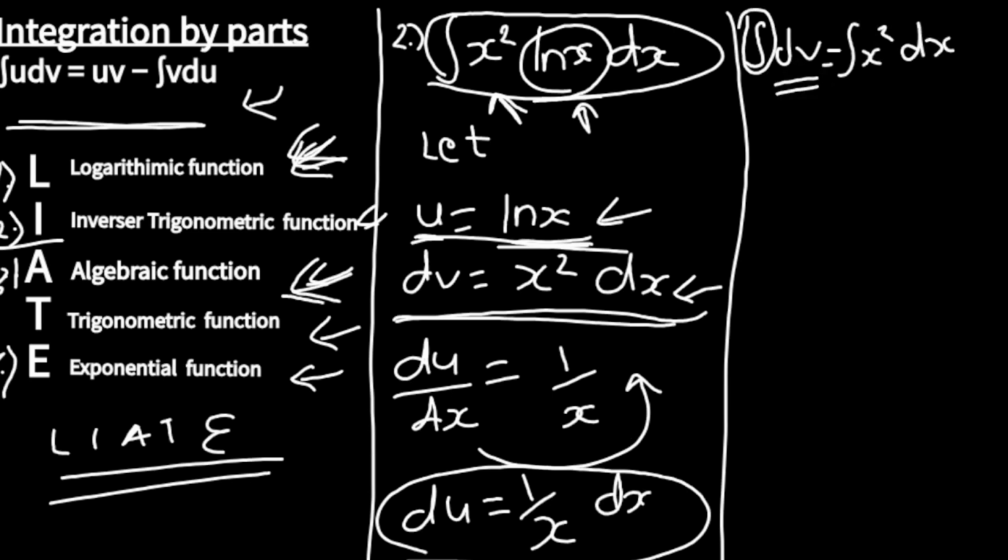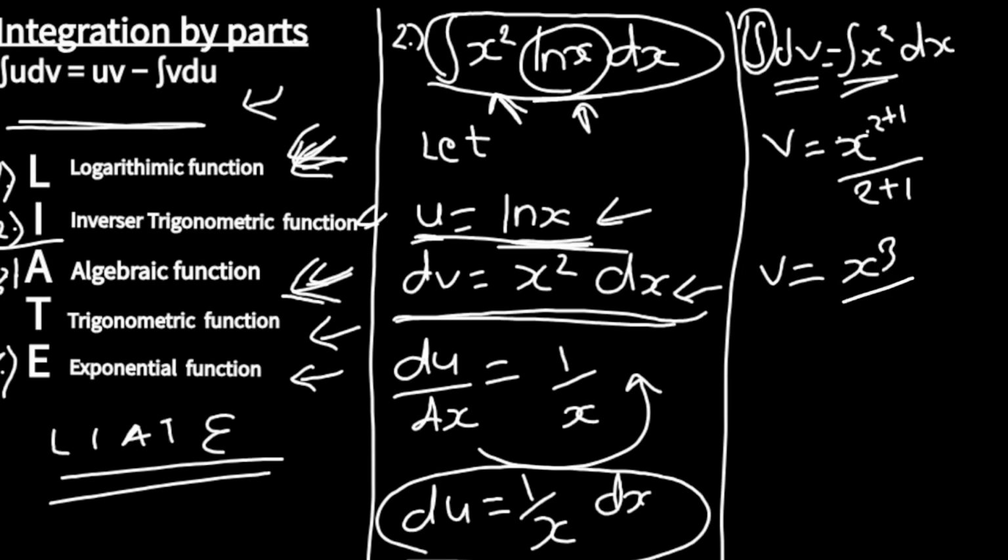An integral and a derivative cancel out to remain with v. So what is the integral here? It is going to be x to the power 2 plus 1 over 2 plus 1. Remember, when you are finding the integral, you add 1 to the power and divide the result. So our v is going to be x cubed over 3. So we have found our v and we have our du.